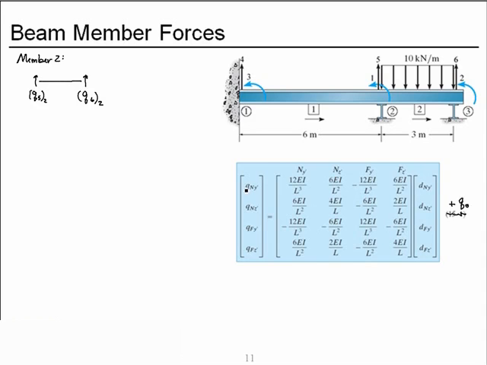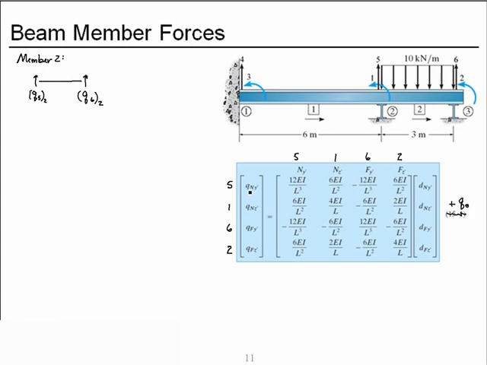My degrees of freedom for member 2 are near node Y is degree of freedom 5, near node Z being rotation is degree of freedom 1, far node Y 6, far node rotation or moment rather is 2. It should be moments because these are forces. And our deformations are degrees of freedom 5, 1, 6, 2 as well.